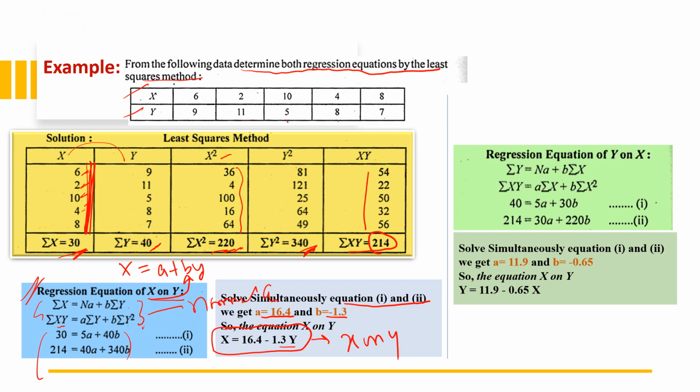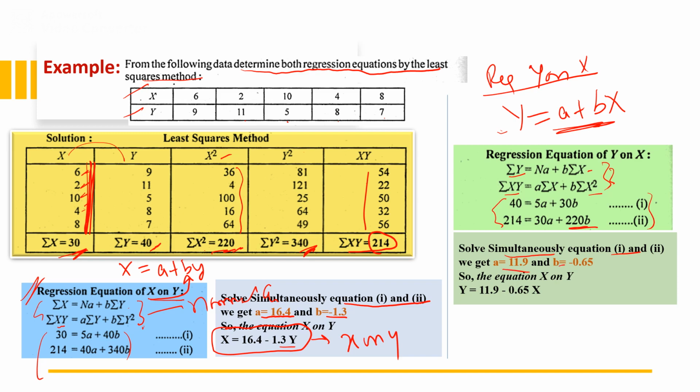In a similar manner, we can find the regression equation y on x. So we take the equation y = a + bx. Again we write the normal equations of that equation, taking the summation on both sides and multiplying by x and taking the summation on both sides. After putting the values of summation y, summation xy, and summation x square, we obtain two equations, and solving them simultaneously we obtain the values of a and b.